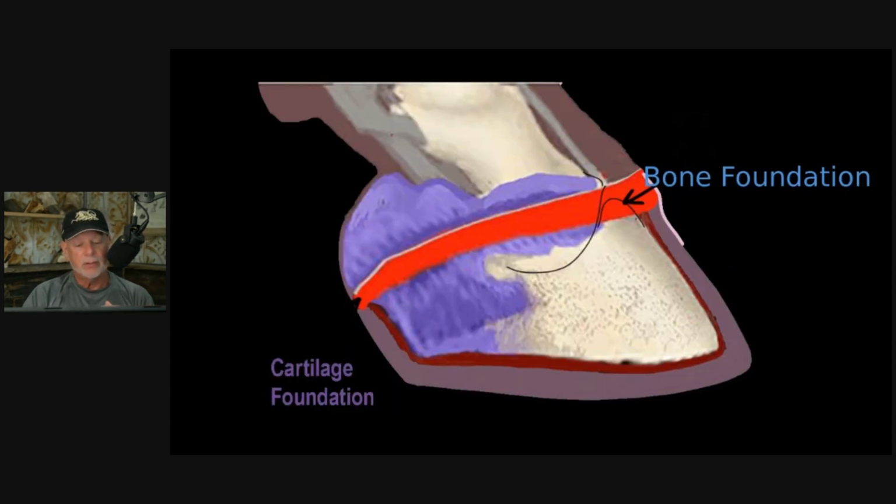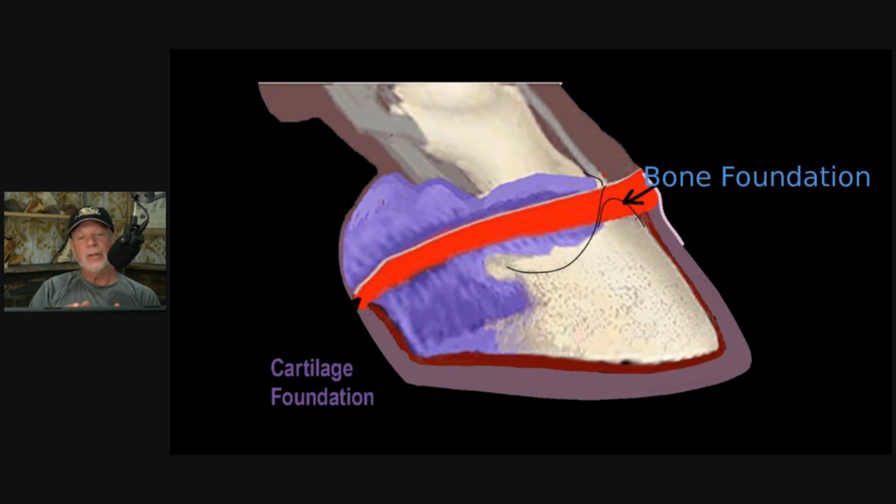Okay, so this illustration shows you that groove as an illustration, but I'm actually going to show it to you from the dissection as well. So if you look to the toe, you can see that the foundation is bone, and that configuration there is actually called the coffin joint pouch. It's made up of the extensor process of the coffin bone and the distal conformation of the short pastern bone, or P2.